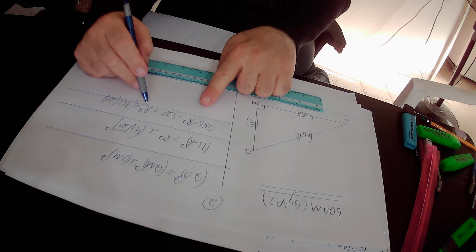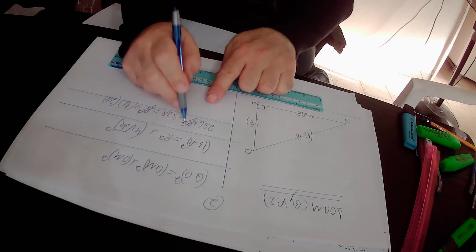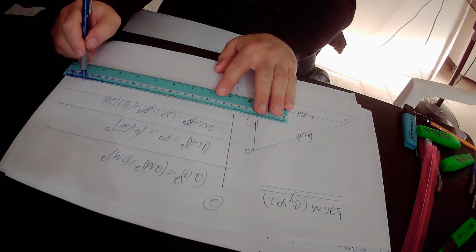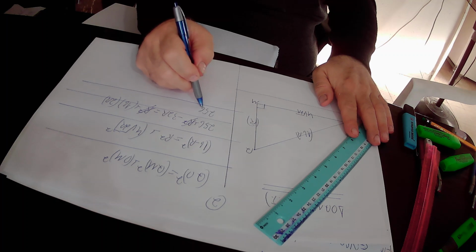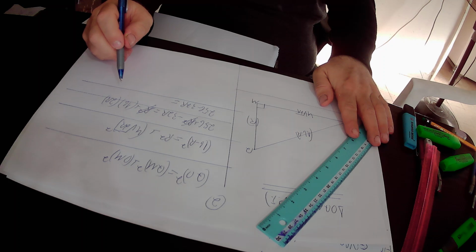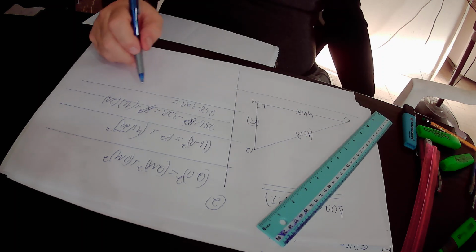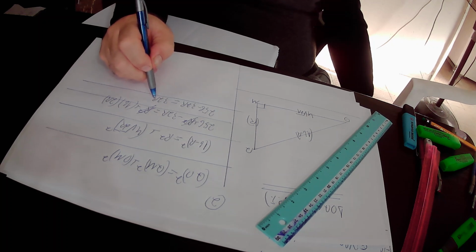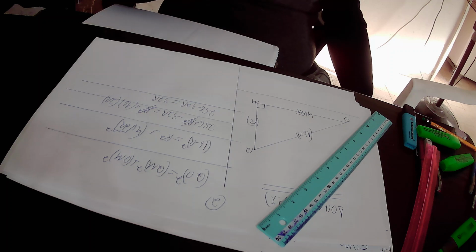So here we have R square on both sides of this equation, so R square gets cancelled. After we cancel R square, on this side of the equation we are left only with 256 minus 32R, and on the other side we have 16 times 2R, which is 32R. So, we found out that 256 minus 32R equals 32R.